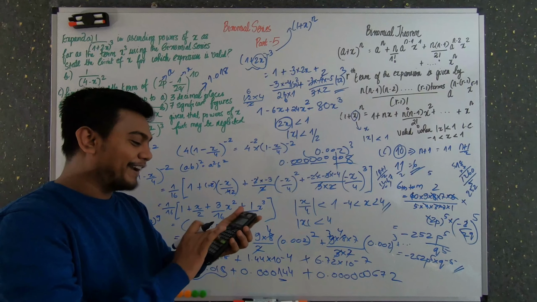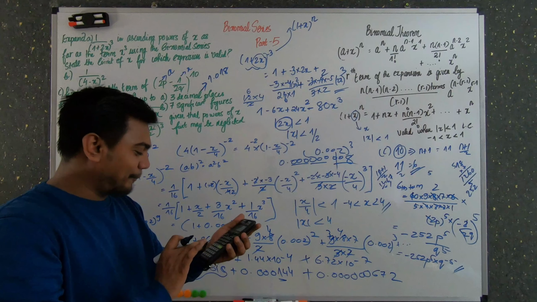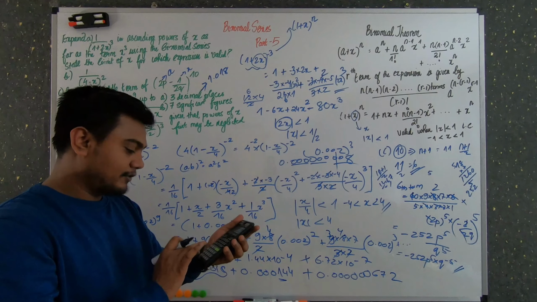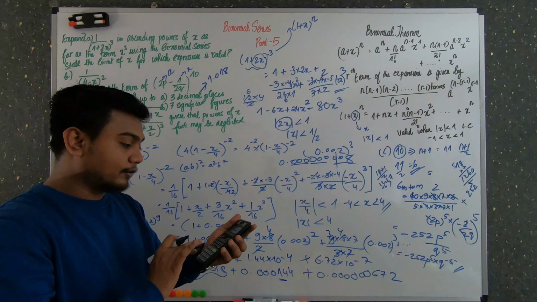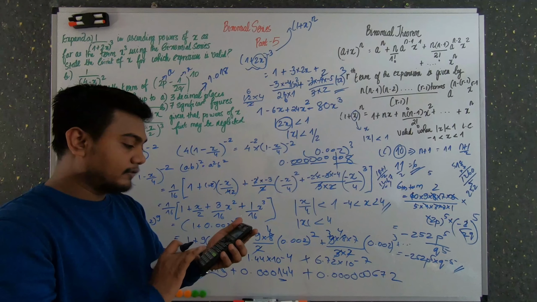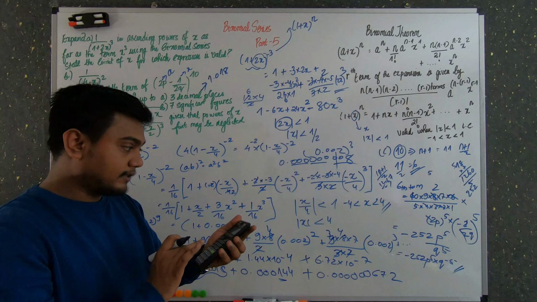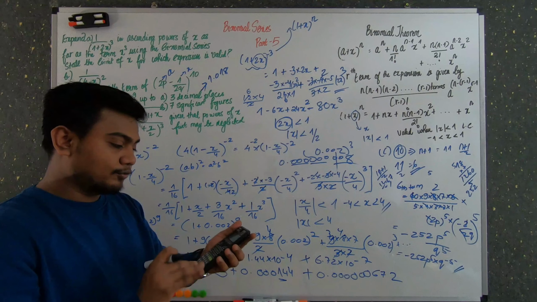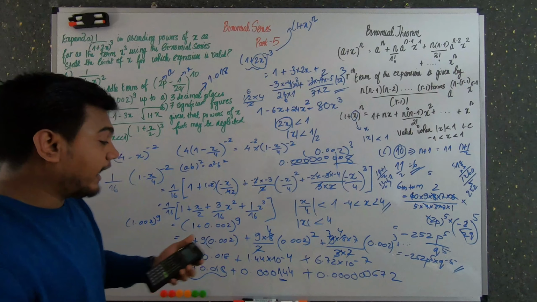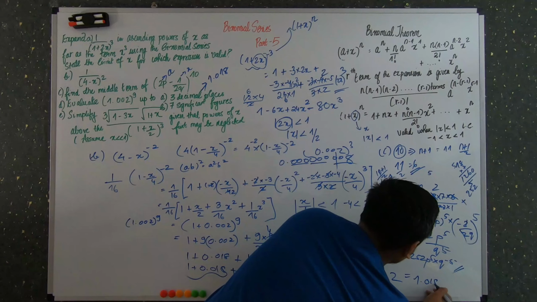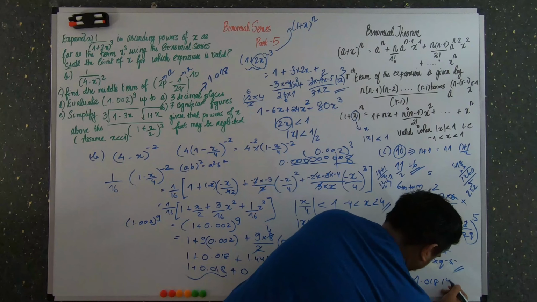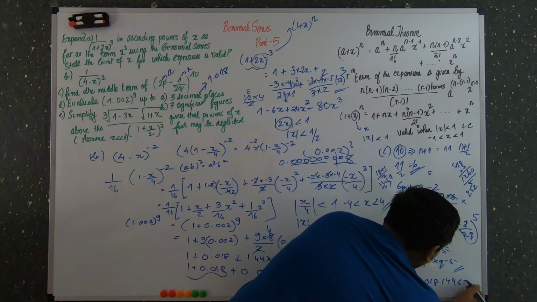1 plus 0.018 plus 0.000144 plus 0.003456672. Okay, I finally got the answer. That is 1.018144672.